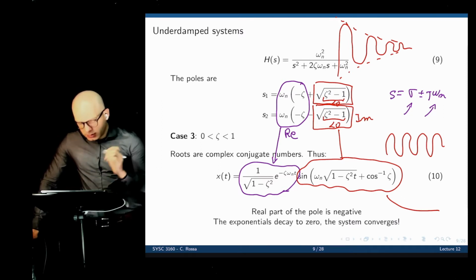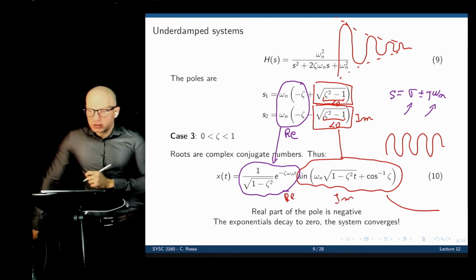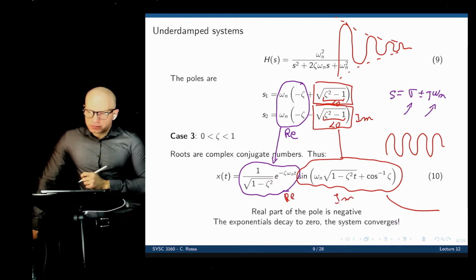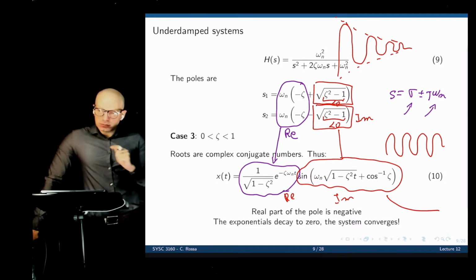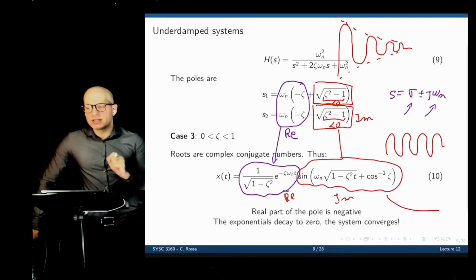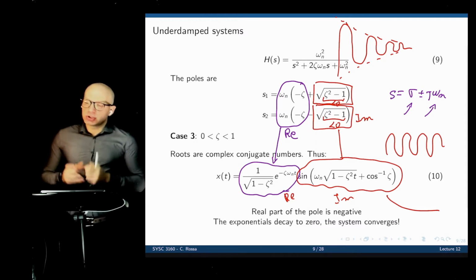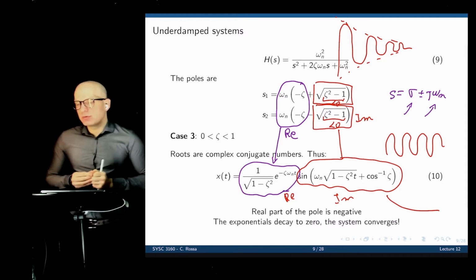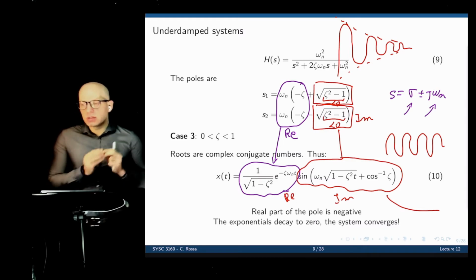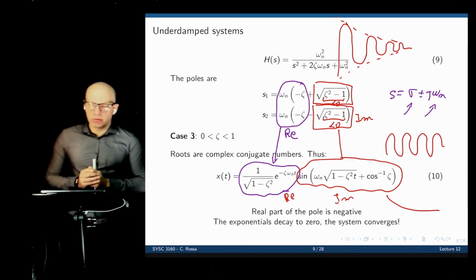Okay, so the sinusoidal comes from the imaginary part, and the exponential always comes from the real part. And once again, because the real part is negative and lies on the left side of the S-plane, the exponential decays to zero as time goes to infinity, and the entire transient will eventually tend to zero.